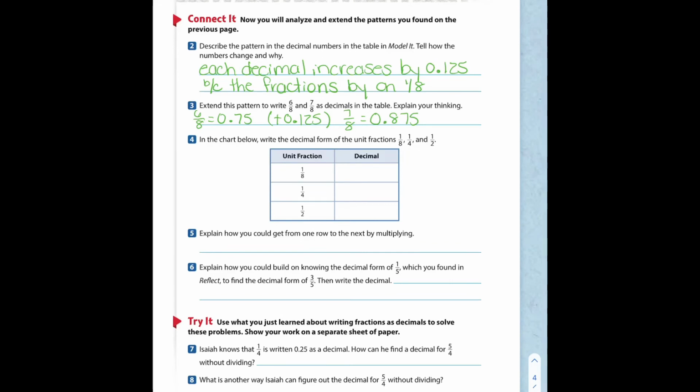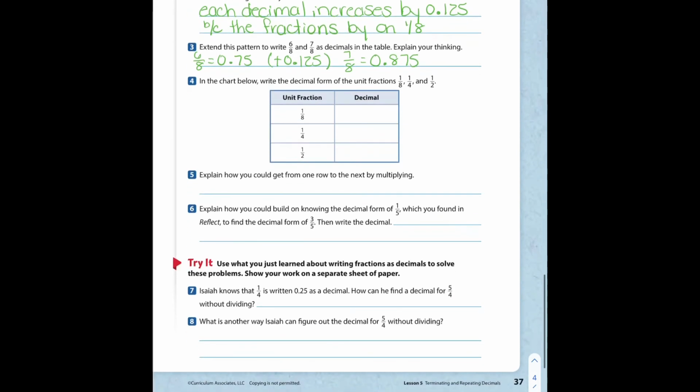So when we look at this chart below, we want to write the decimal forms of the fractions 1/8, 1/4, and 1/2. Like we saw on the previous page, we know that 1/8 is 0.125. When I think about 1/4, I like to think in terms of quarters, because you're dividing a whole into 4 pieces.